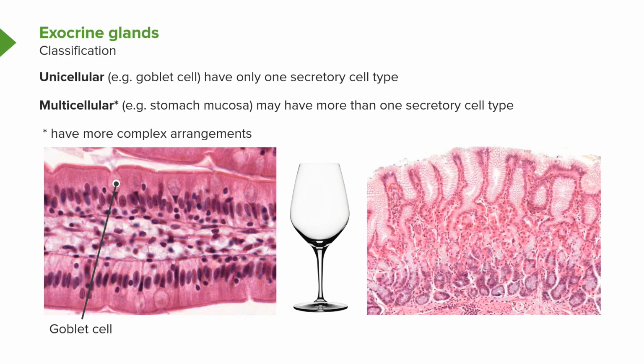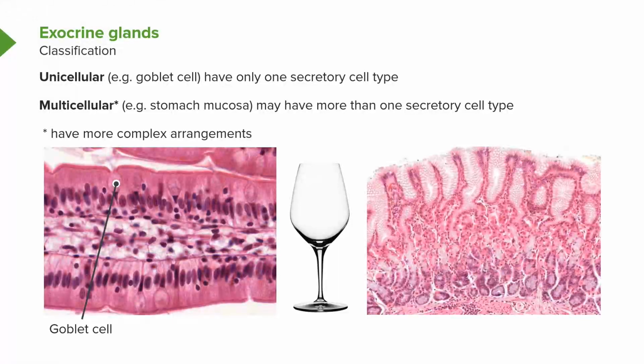They're shaped like a wine goblet, and these are called goblet cells. They secrete mucus. They're an example of a unicellular gland, a single cell sitting in an epithelial surface all on its own, although there are clusters of these cells all the way along the epithelial surface.